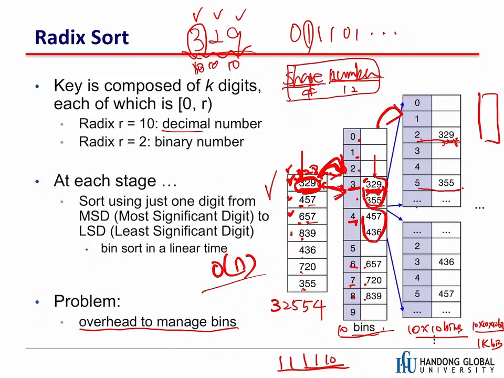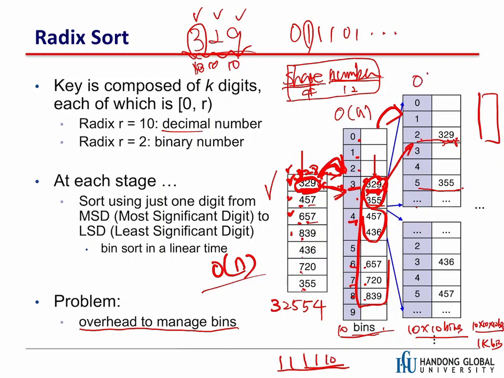From this stage to this stage, we need linear time. Look at this one. We have one key, and we have to put this key into one of the bins, and putting one key to one of these bins takes just constant time again. So we have n keys here, so basically we need n time, so linear time.